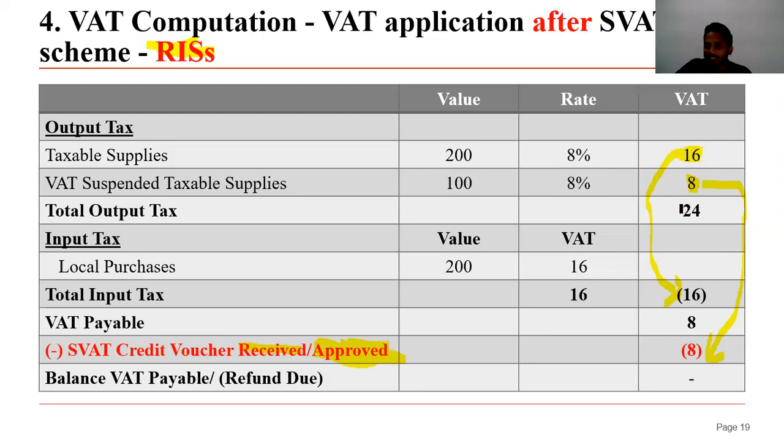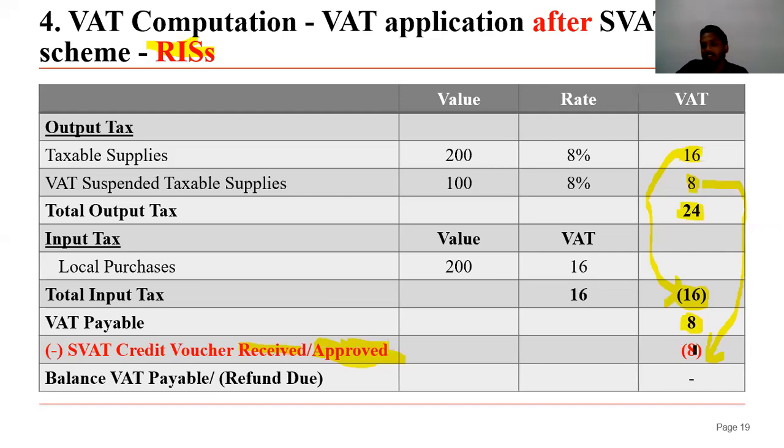You need to see it like this: you have 24 output and you have 16 inputs. After deducting this 16, you will end up with 8. Then you know that you have the credit voucher. You receive the credit voucher of 8 million, you can deduct.